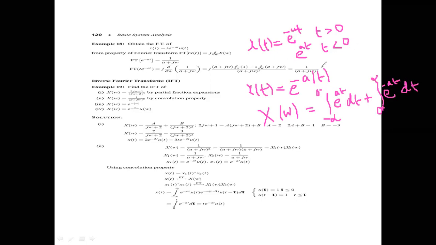So we get two functions because it is a magnitude. For above values, t is positive, then it becomes e power minus at. For below values, t is negative, so minus of minus becomes plus. What is the e power at? E power at by a.